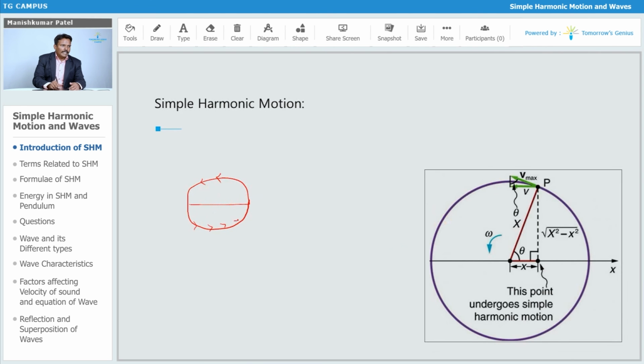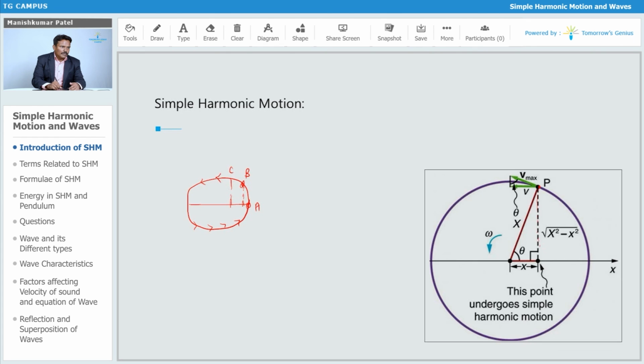You have to take the projection of the particle or object on this x-axis. Let's say right now it is at point P, then take its projection on this x-axis. When it started from point A, it moves to B. This is how you can take the projection.